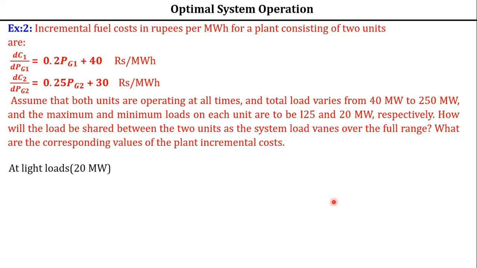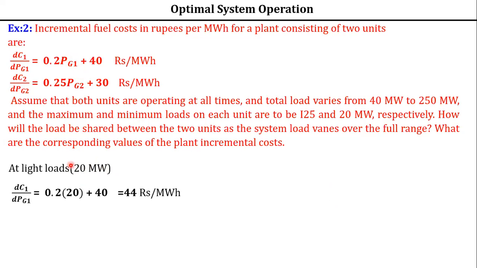Now you see at light loads, that means minimum load 20 megawatts and 125 megawatts has been given. So at light loads 20 megawatt has been given. Now substitute this 20 megawatt, that is the PG generation value, in this incremental fuel cost.